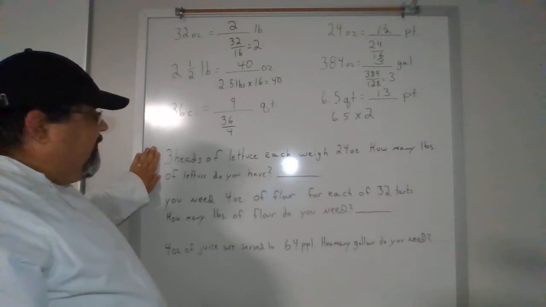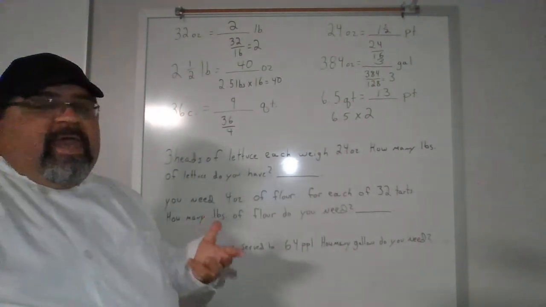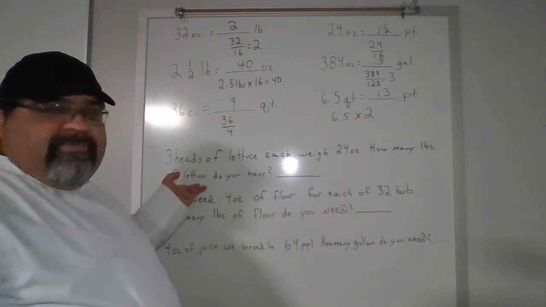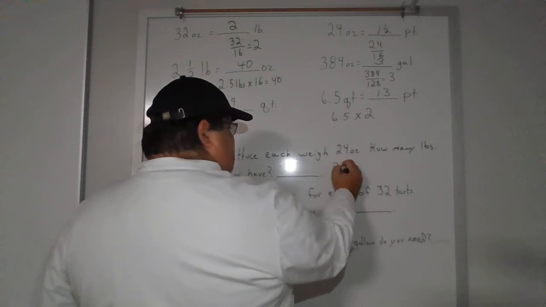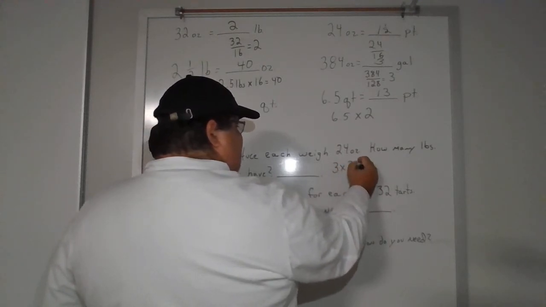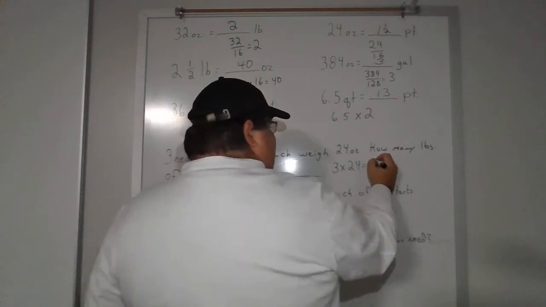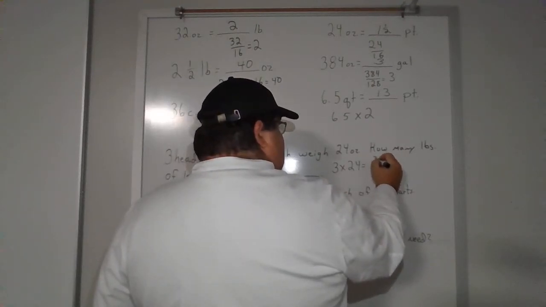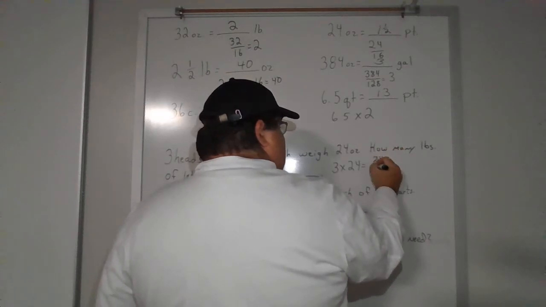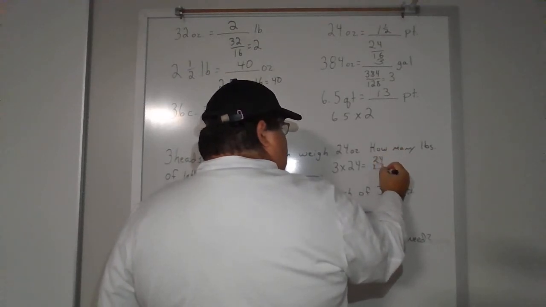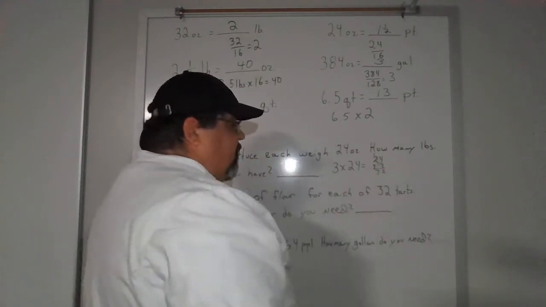The first one here is 3 heads of lettuce, each weighing 24 ounces. How many pounds of lettuce do we have? So we're going to say 3 times 24, and 3 times 24 is 72.